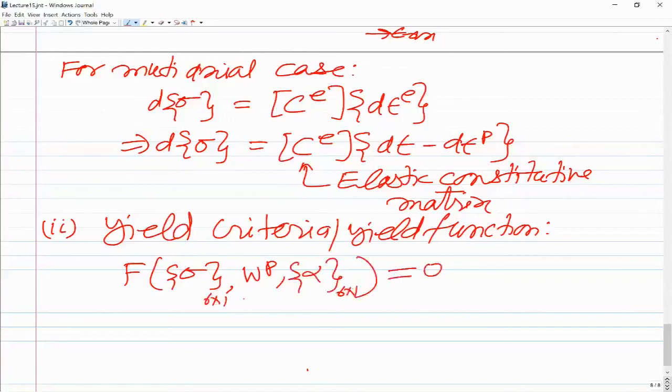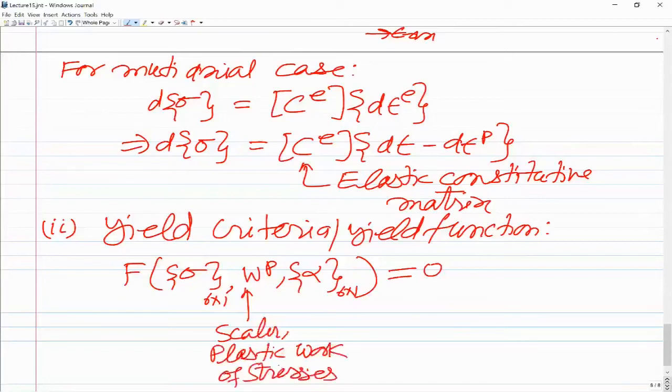Out of this, sigma you already know. WP is a scalar, and it is the plastic work of stresses, that is, the work done by stresses under plastic deformation. And alpha is known as the back stress, although in the literature you can find different notation. Sometimes alpha is denoted by x.